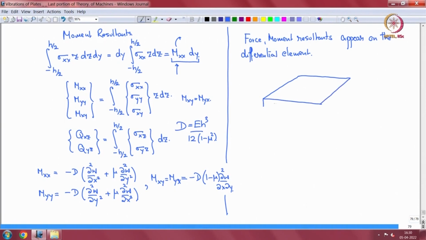So we have, I can take it bigger actually, so let me do that. This is my midplane.